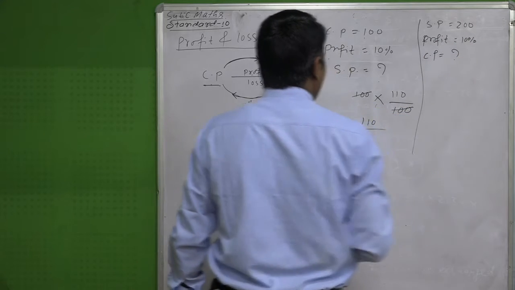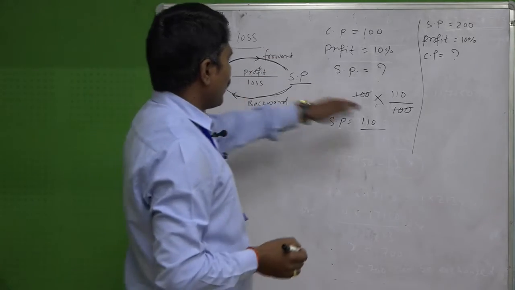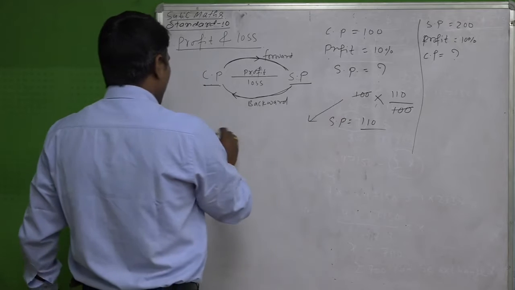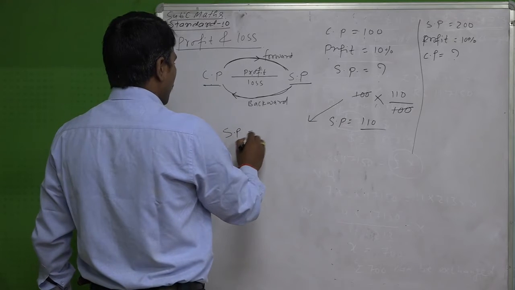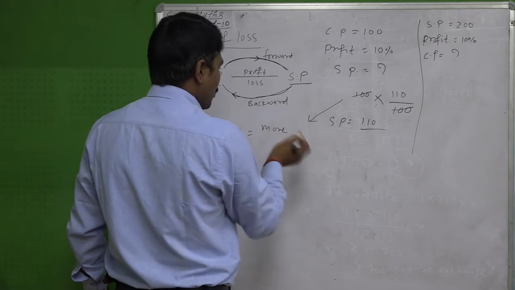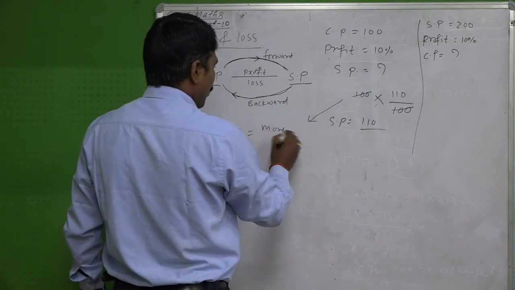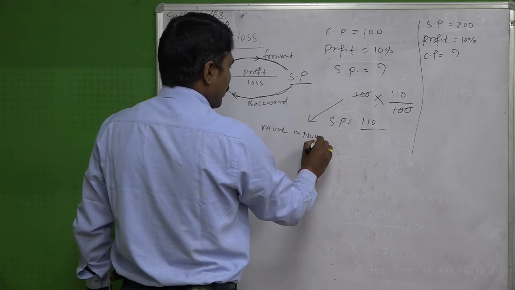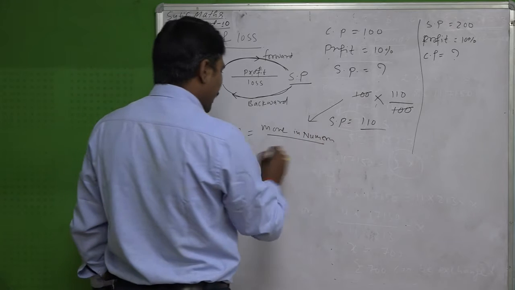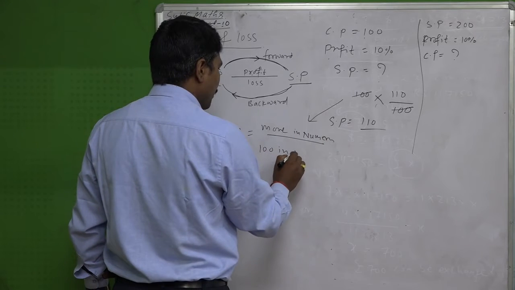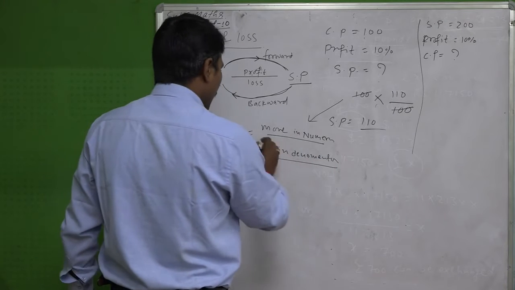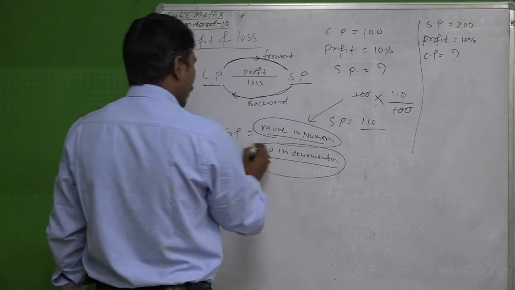How do you find it? Easily, with forward calculation: downside 100, more is upper. In this condition, for the SP you must keep in mind that more should be on the upper side, more in the numerator. Or you can keep in mind that 100 is in the denominator, either this or this for the SP.